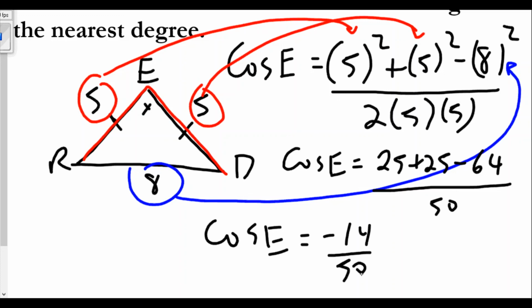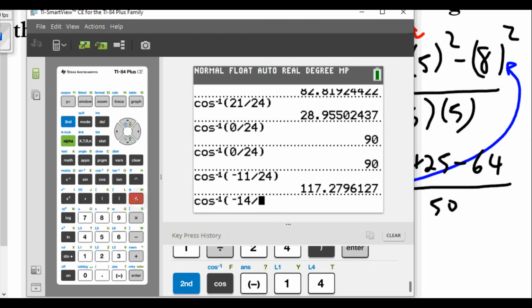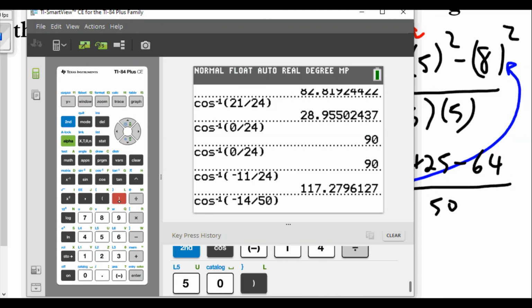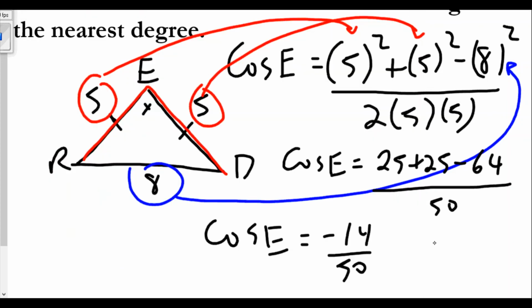Okay, let's find that now. Second cosine, negative 14 divided by 50. All right, and we find our angle is 116 degrees. To the nearest degree, the measure of angle E equals 116 degrees. So we are able to find angles if we have all three sides.